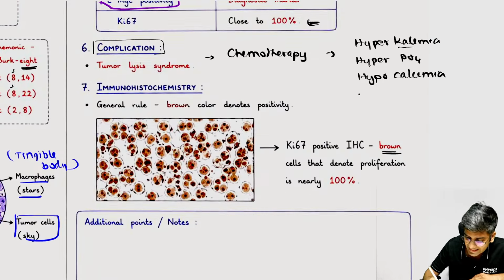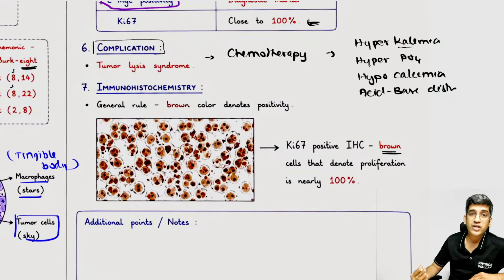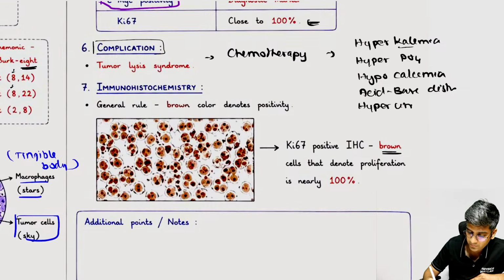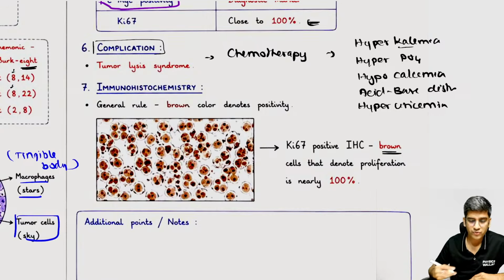And I'll have acid-base disturbances because the bicarbonate buffer is also there. And when I destroy nucleic acid, you will have purine destruction. The purine metabolite is uric acid. You'll have hyperuricemia. So all these are features of tumor lysis syndrome.